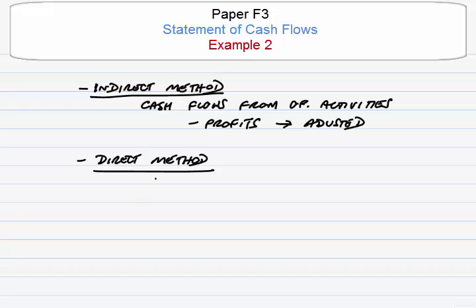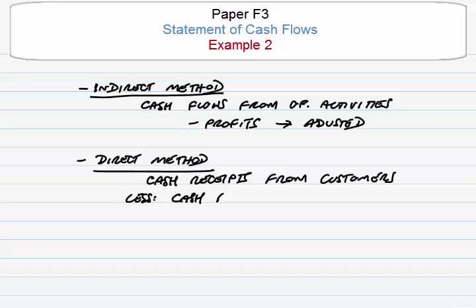Direct method, you take the cash receipts from customers and you deduct the cash we've paid for goods and for services.